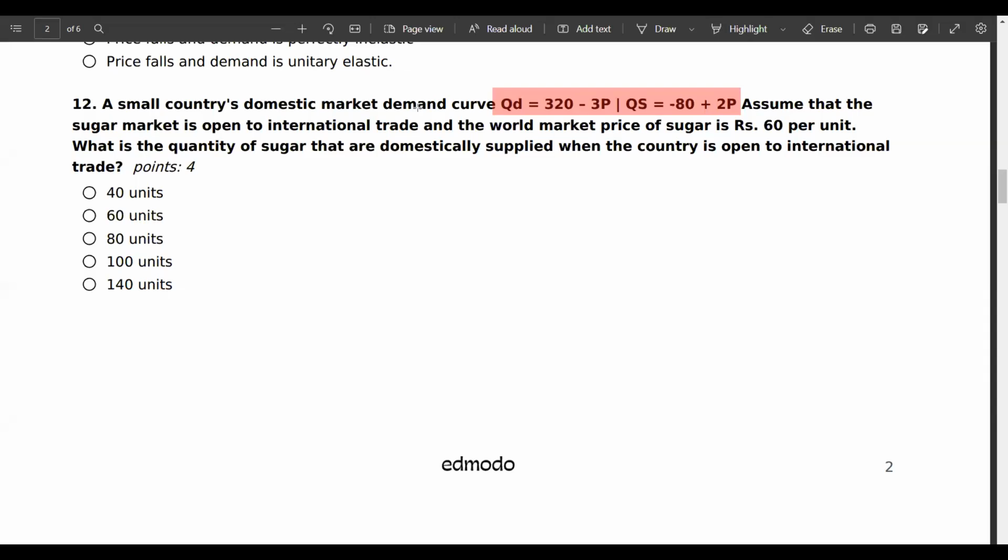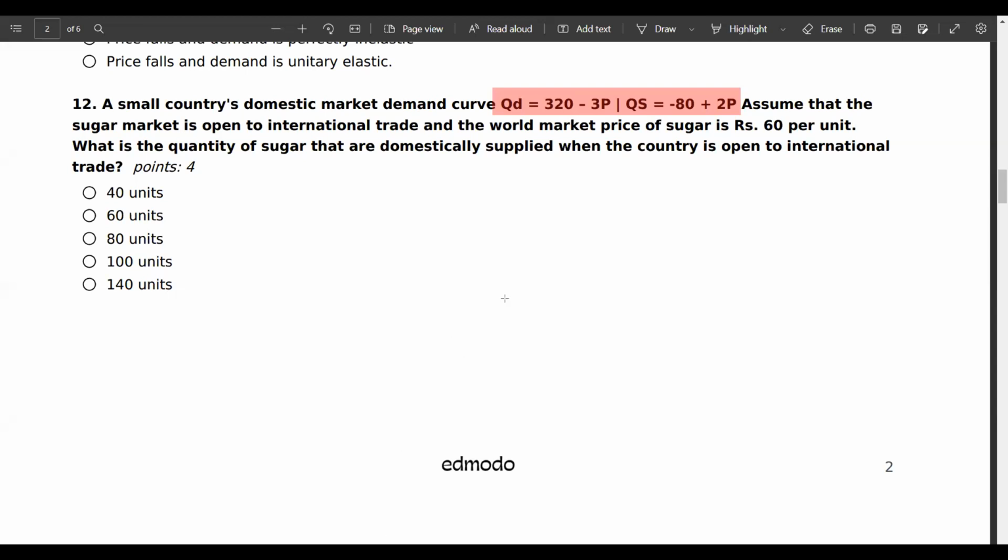For this question, it might be a new question for you. You might be doing this for the first time. It's not that hard. You have done a similar question before when it comes to maximum price control. Here also something like that is going to happen. I'll explain now.